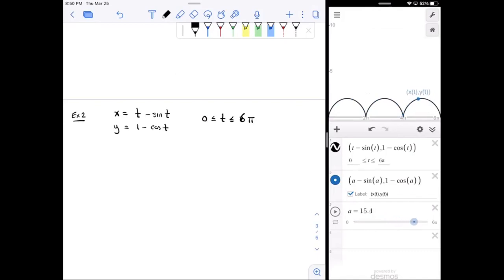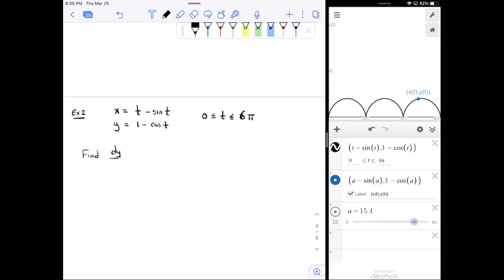But I won't make this a super long example. I just want to practice finding the derivative. So let's find the slope, dy dx. The main result of the lecture says you take y prime, that is 1 minus cosine t, differentiate it with respect to t, and divide it by x prime.